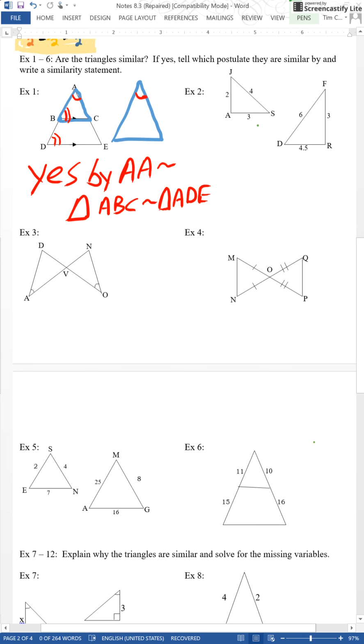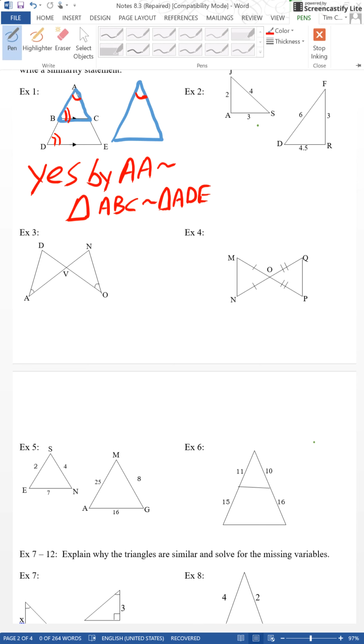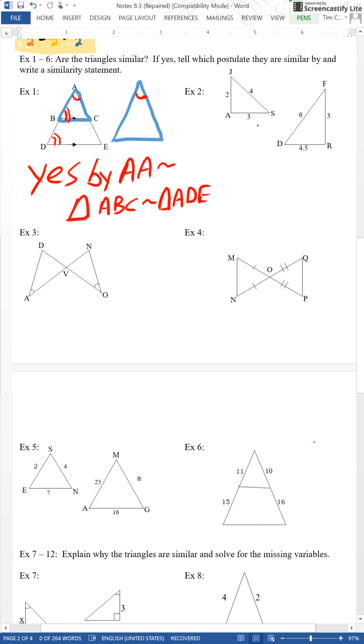Okay, so if we look at, let's change the color here. We look at this guy over here, example 2. Well, I have to prove some sides, so I'm going to say here's my small side, my medium, and my large. Here's my small, medium, large. So I'm going to start proving if the sides are similar ratios.